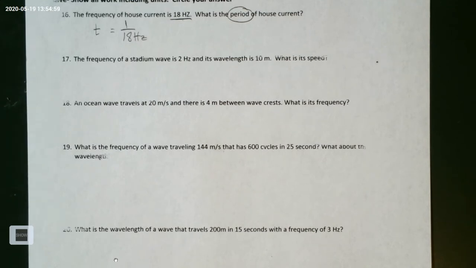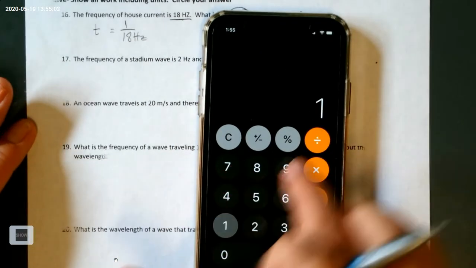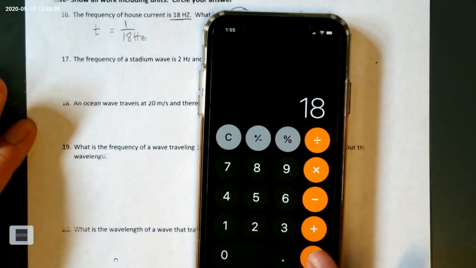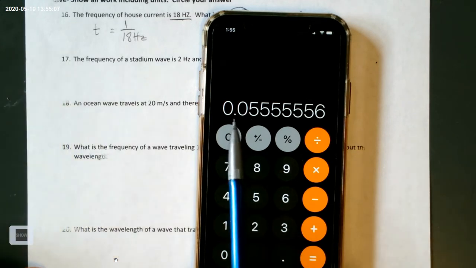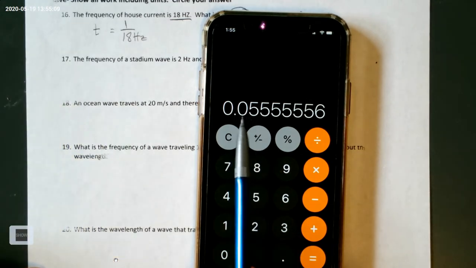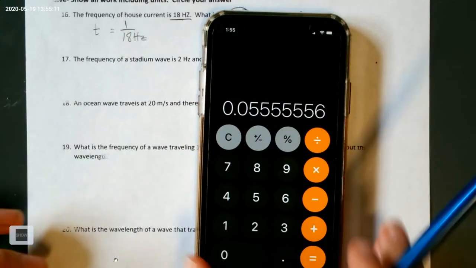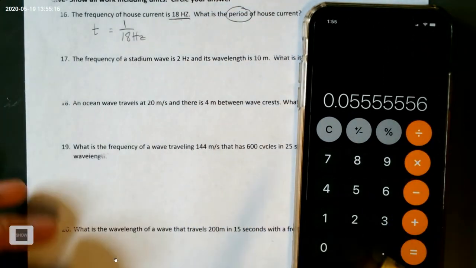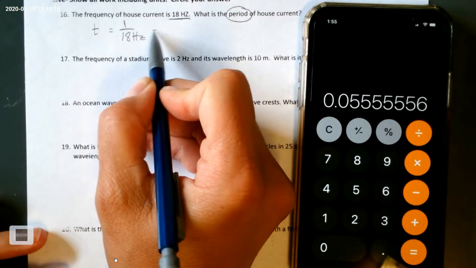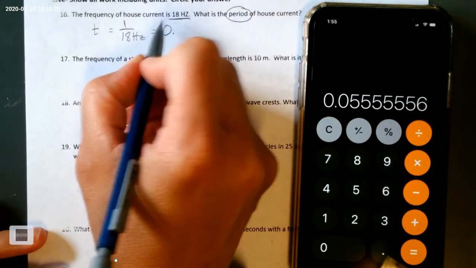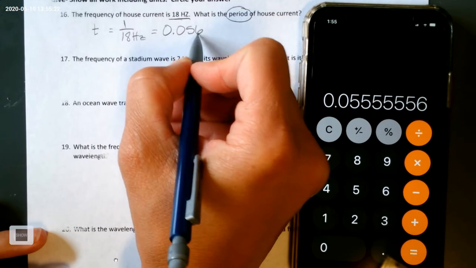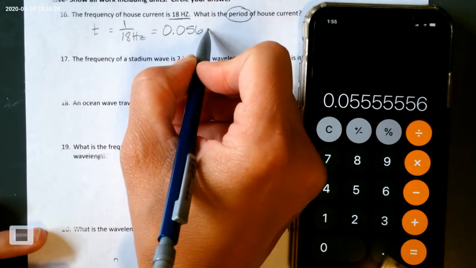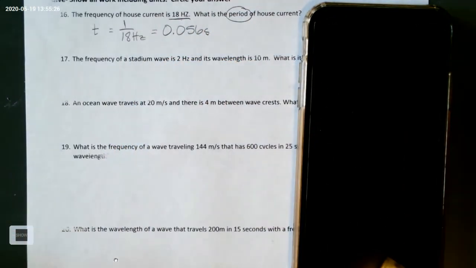So we want to do the division, 1 divided by 18, and that's going to give us a time in seconds. Notice it's a small amount of time, much less than a second, because that's the time it takes one wave cycle to complete. So we're going to say that's 0.056, and that is time in seconds. So we're going to label it with seconds.